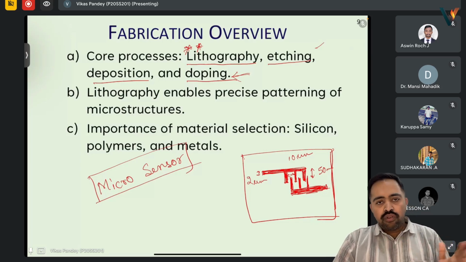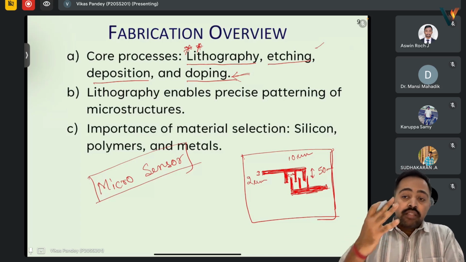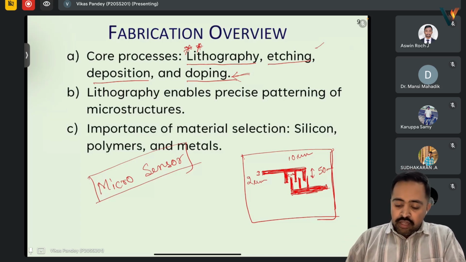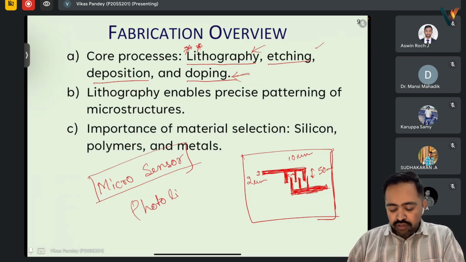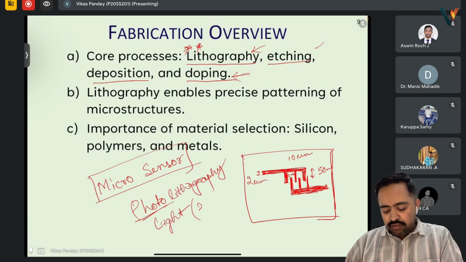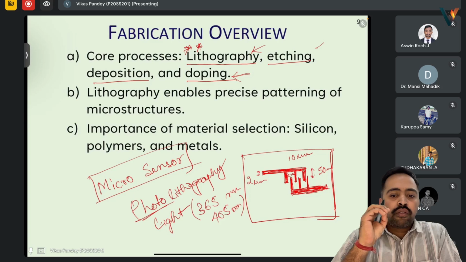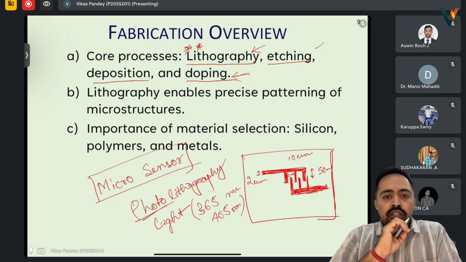A lot of techniques are gradually developing, but if we talk about lithography, we are mostly talking about photolithography here, and photo means light, so light-based lithography. Specifically, we use 365 nanometer or 405 nanometer. Those are the standard lithography wavelengths that are commonly used.